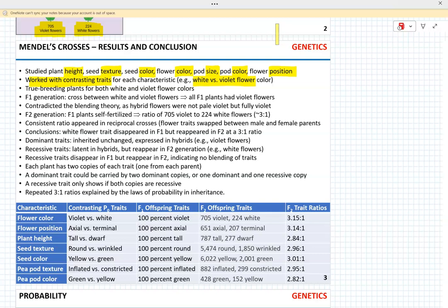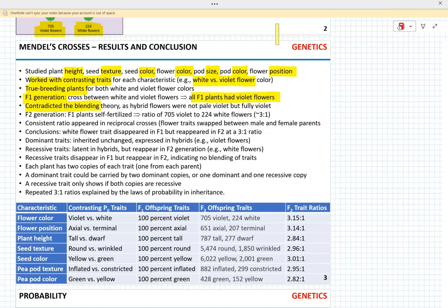So, as we mentioned, he crossed true breeding plants for white flowers and true breeding plants for violet flowers. This cross produced first filial generation in which all plants had violet flowers, which immediately contradicted the blending theory, since hybrid flowers were not pale violet, but completely violet.